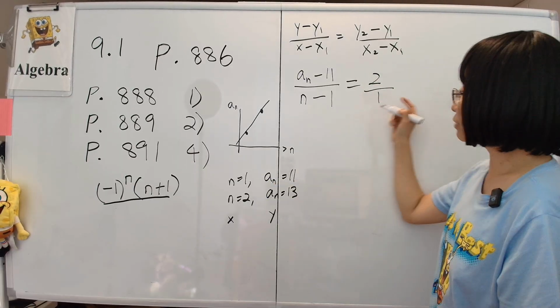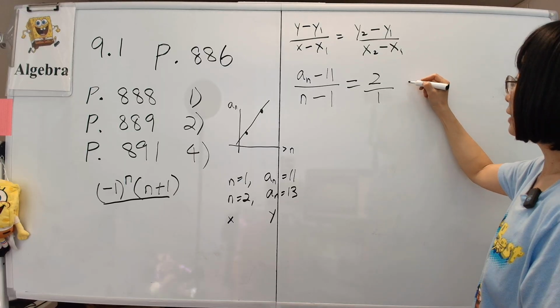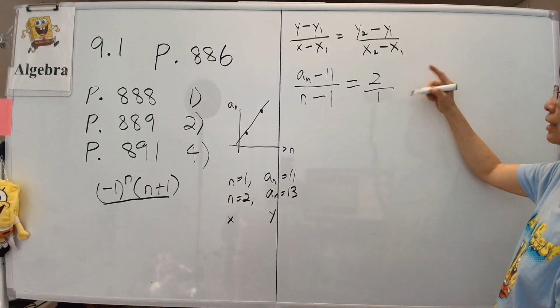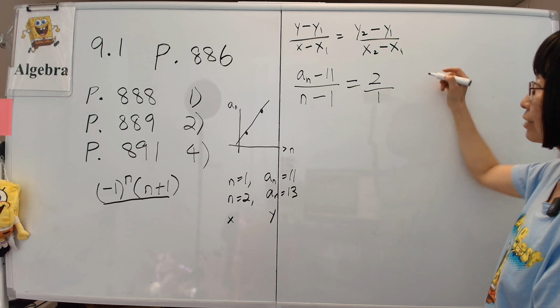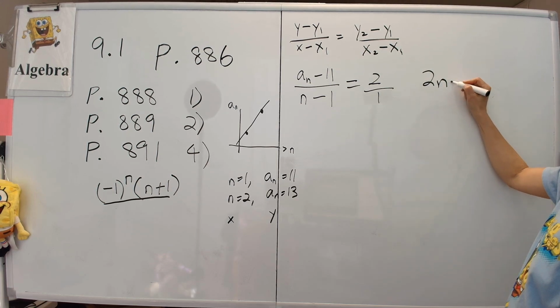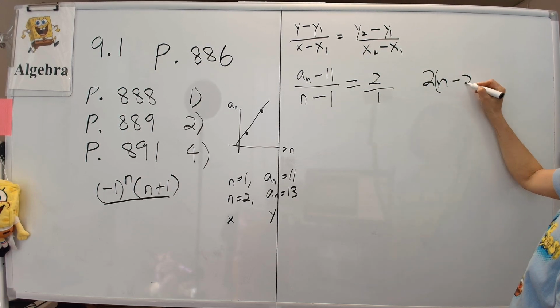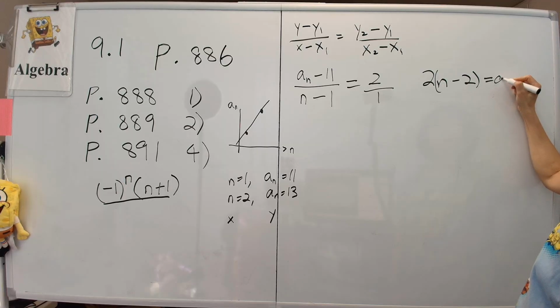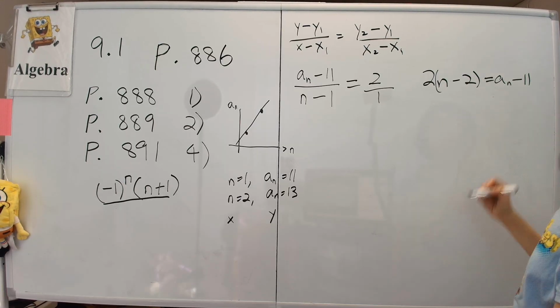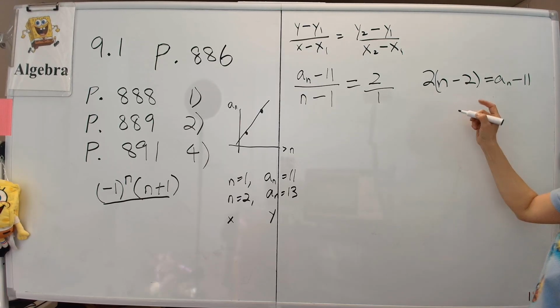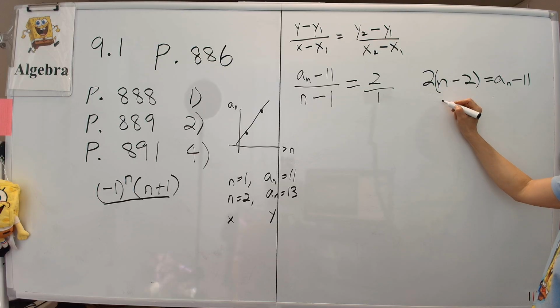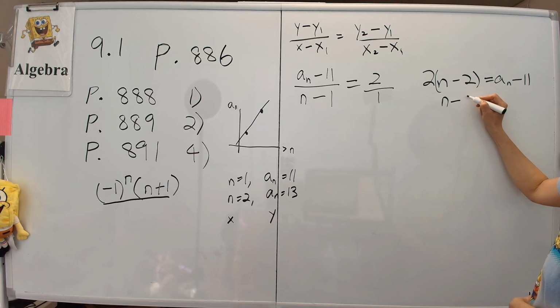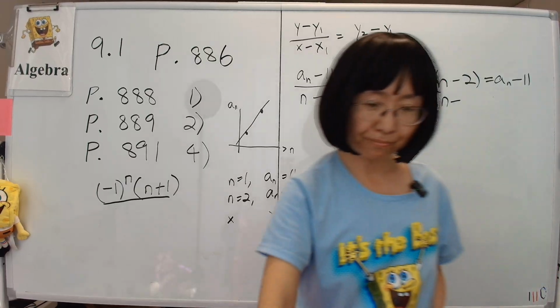When you cross multiply, we have 2n minus 2 equals an minus 11. Wait, did I get this wrong?